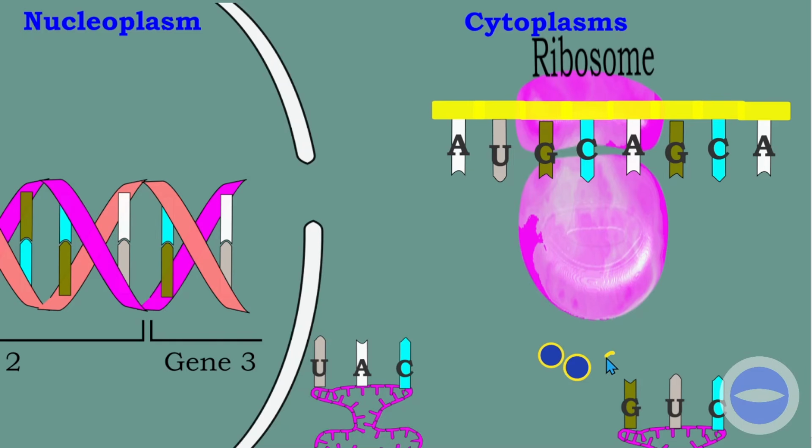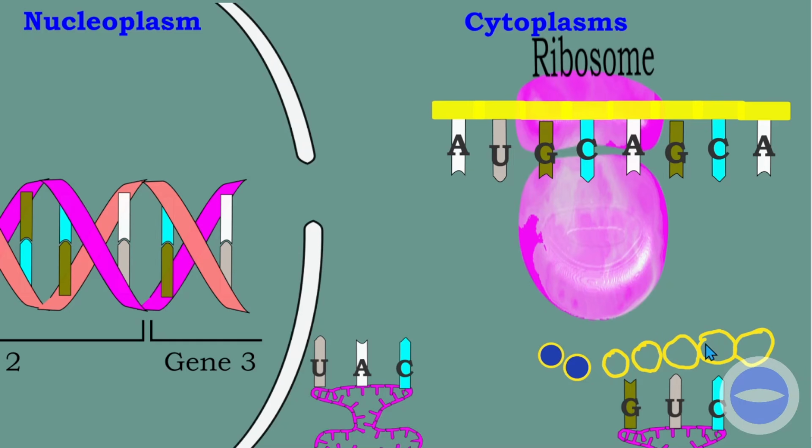So at the end we will end up having more amino acids with the information from the DNA. These amino acids, if they are not yet made a protein, we call them polypeptides. They are not yet a protein.